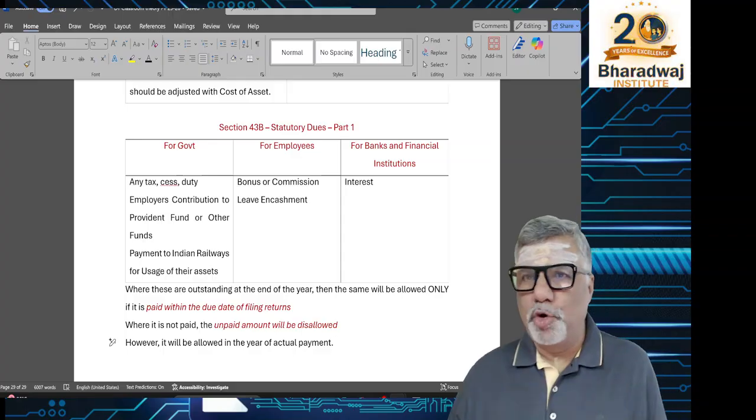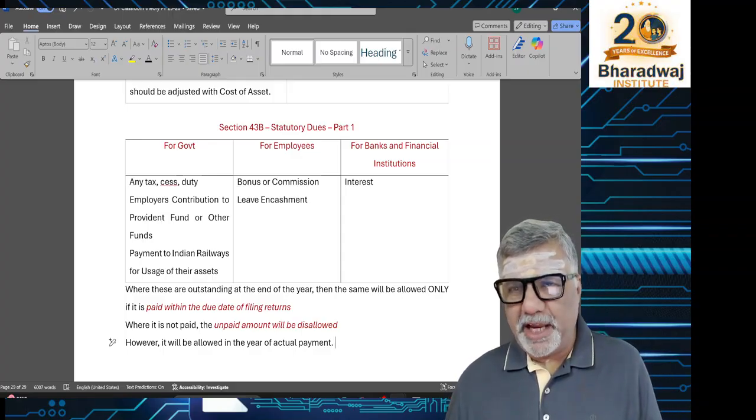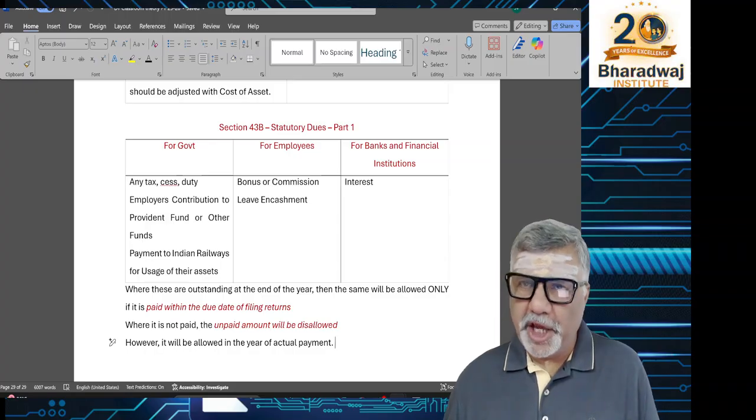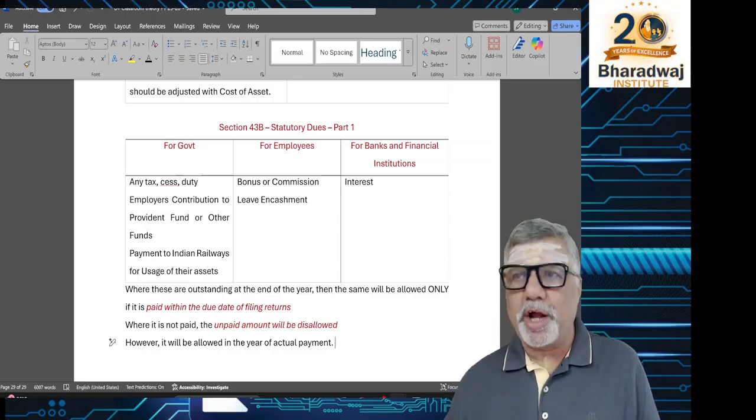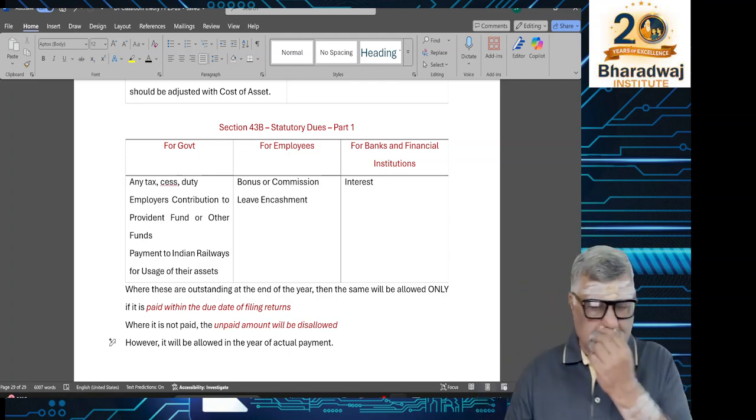The unpaid amount will be disallowed, like the default rectification provision of TDS. Here also, in the year in which you actually pay it, you claim the expenditure that was disallowed.